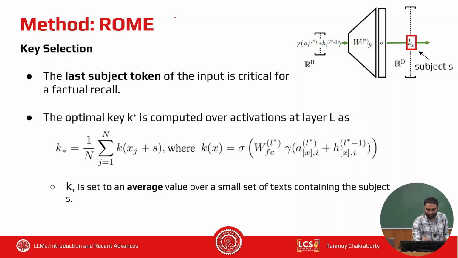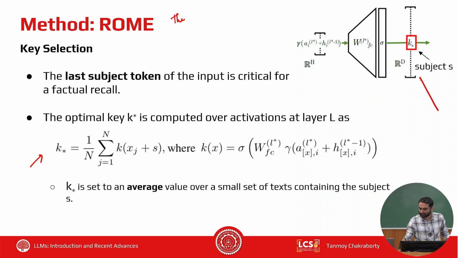Let's say the knowledge that you are interested in including is the prompt: the Space Needle is located, blah blah blah. The hope is that this key will capture the subject of the prompt. The subject is the Space Needle. So they did some sort of approximation here to measure. This is again a bit difficult to understand. Please focus on this.